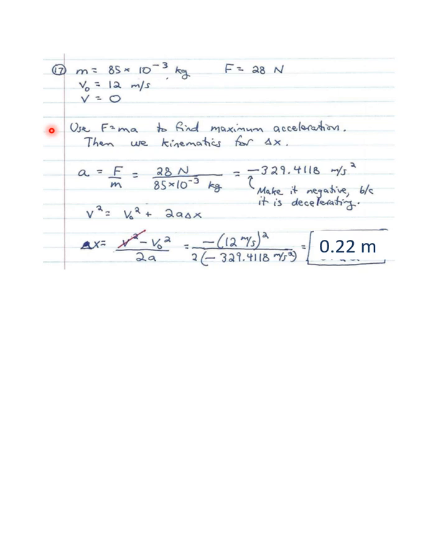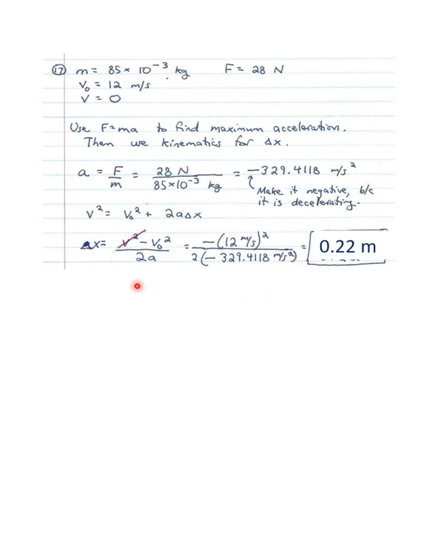We're going to use F equals ma to find the maximum acceleration. Then we'll use the kinematics. So acceleration is maximum force divided by mass. And so it's 329.4118 meters per second squared. And it's negative because it's going to be decelerating.